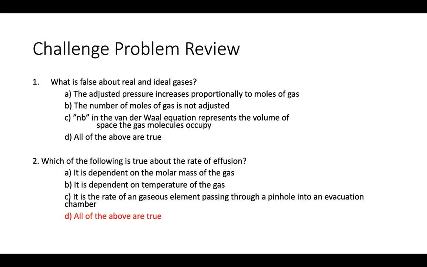And subtracting out that nb section is really just taking out the volume that those gas molecules do occupy, right? n, number of moles, being a part of that makes sense, because the more moles of gas you have, obviously the more volume they should take up. Therefore, you're subtracting a greater number away from it, right? Less free space. So B and C, hopefully at least you knew were true.